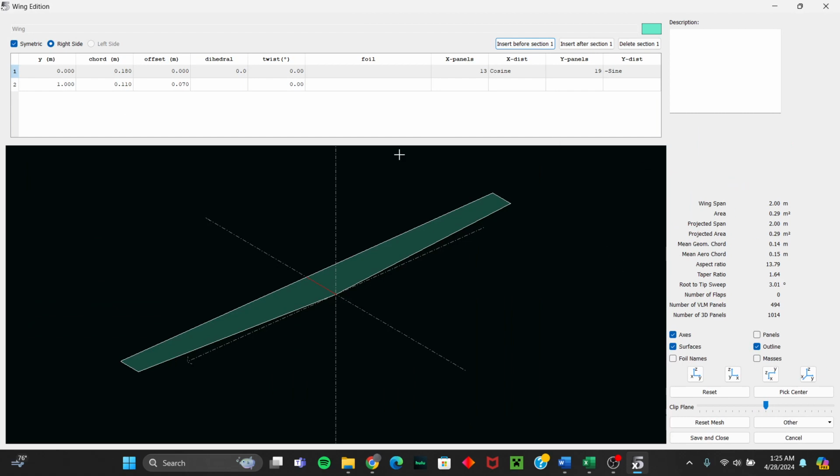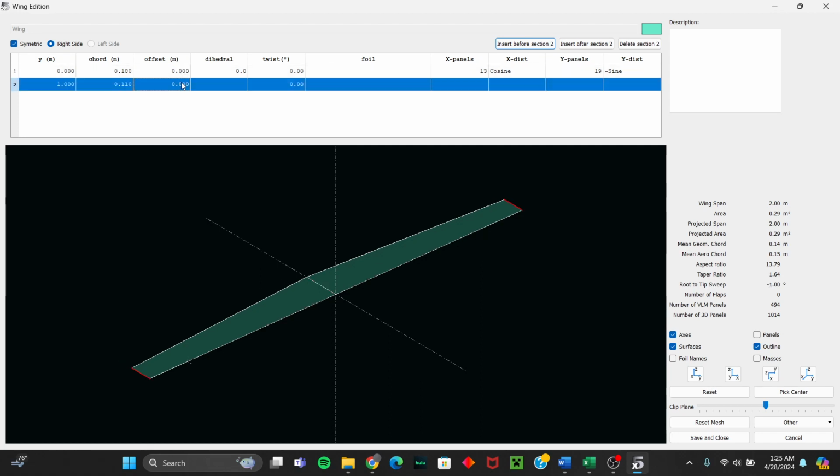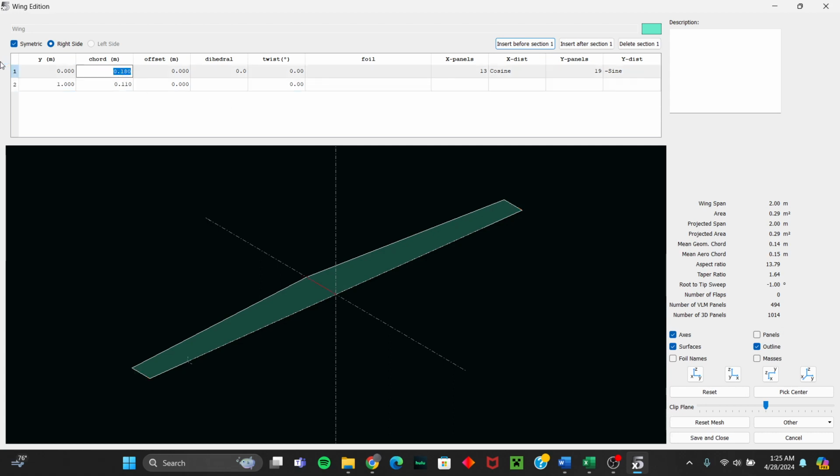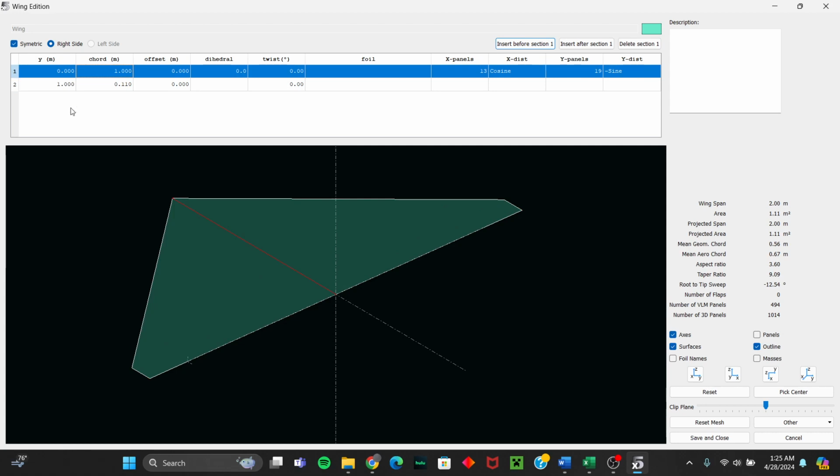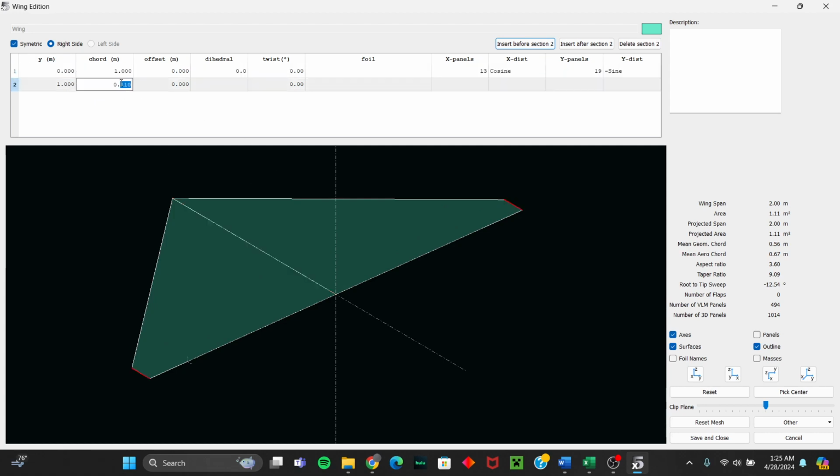To define it, we have to make sure that the aspect ratio is 12 and the taper ratio is 0.7. So I go over here and put the offset to 0. The root chord length is supposed to be 1, so we put 1 when y is equal to 0, and then we put 0.7 at the tip.